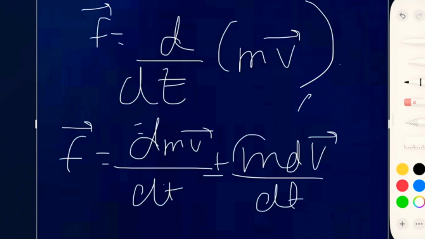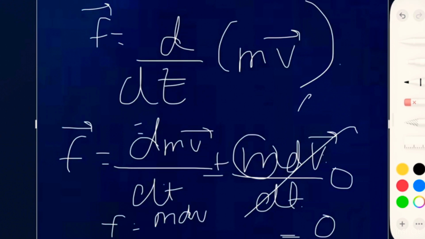And I want to mention that mass is constant unless or until said otherwise, so dm by dt is 0. We are going to cancel it. So we are getting F is equal to m dv by dt.